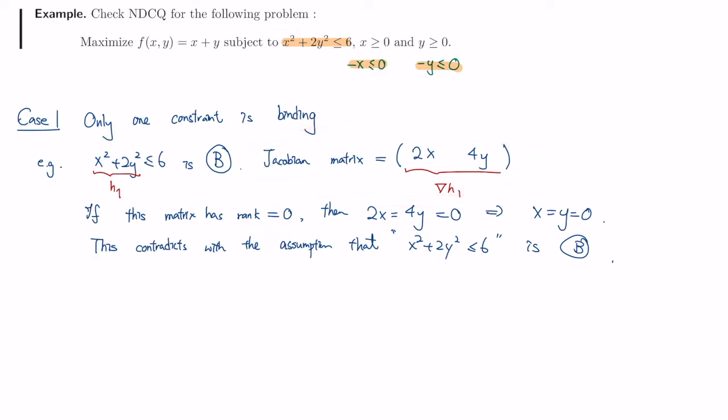So the Jacobian matrix has rank 1. That means the NDCQ is satisfied.